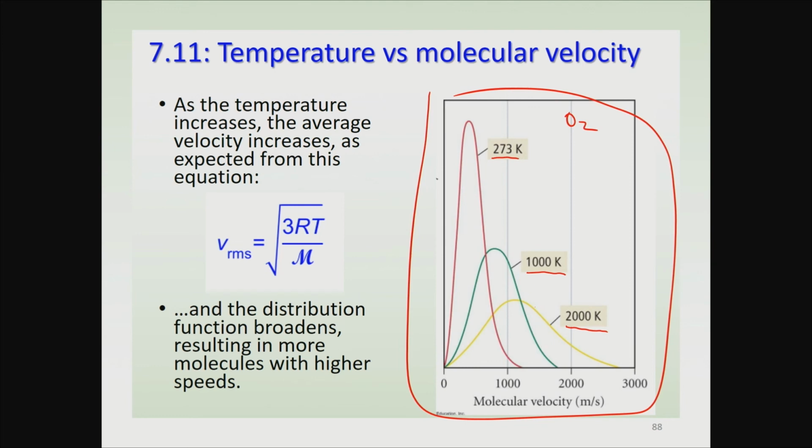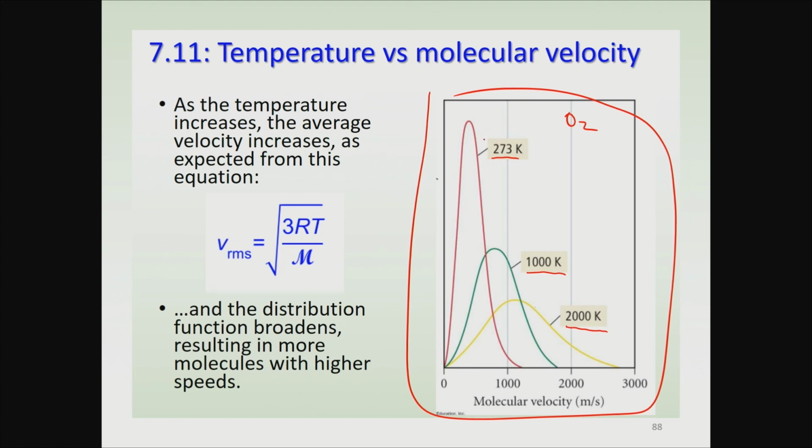And so I think what you can see is that if you're looking at the same sample of gas, as you increase its temperature, the molecules on average will be going faster and faster. And so this is going to be represented with a higher root mean squared average velocity or speed for the gas, for the temperature.